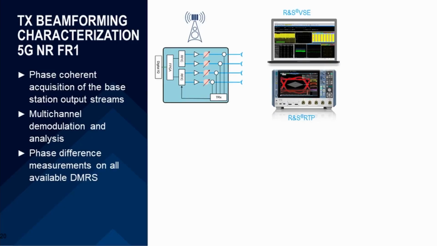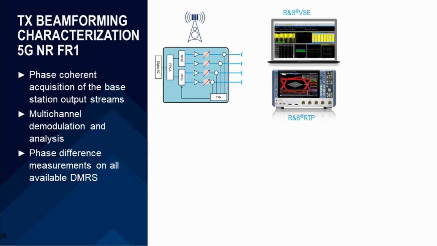And then moving on to the beamforming characterization of 5G new radio FR1 downlink signals, which is the transmitter characterization. Here you need phase coherent acquisition of base station output streams, and also multi-channel demodulation and analysis. For this, we have the R&S oscilloscope, the RTP model, and together with the RTP, you need a software called VSE, the Vector Signal Explorer.